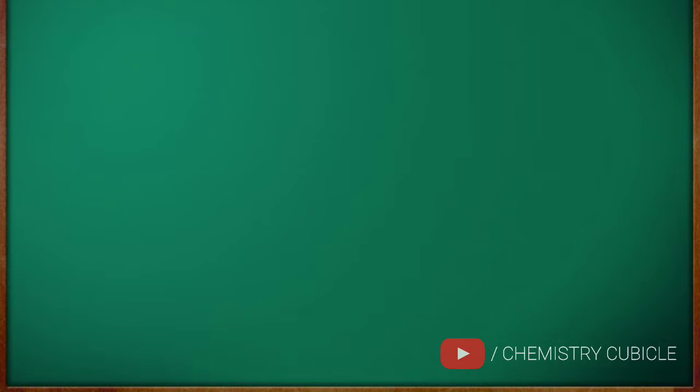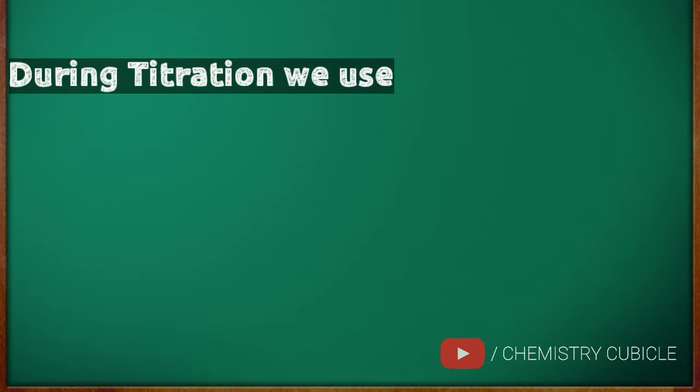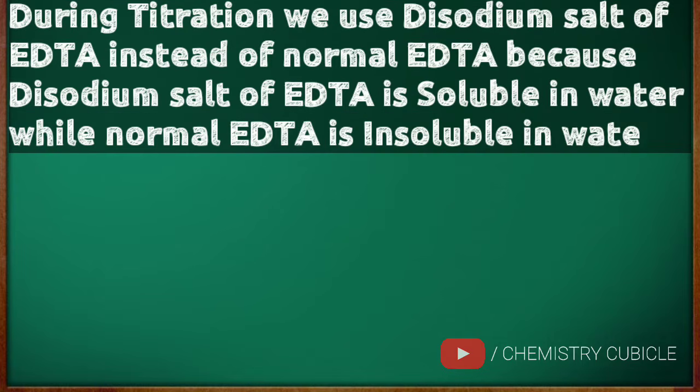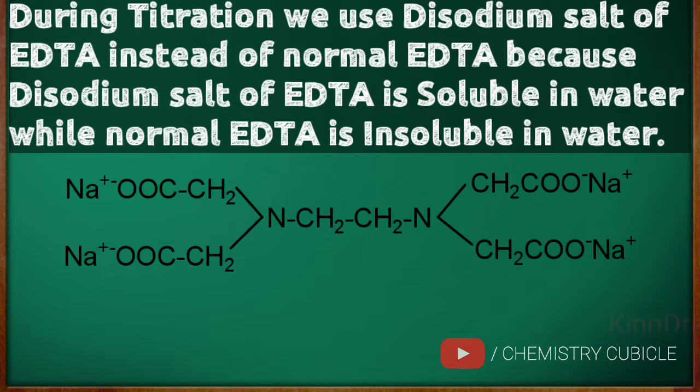The point to remember is that during our titrations, we use the disodium salt of EDTA instead of normal EDTA, because the disodium salt of EDTA is soluble in water while EDTA itself is insoluble in water. That's why we use the disodium salt of EDTA.